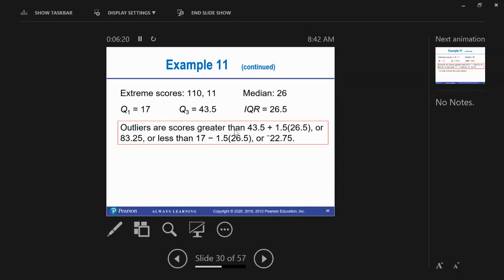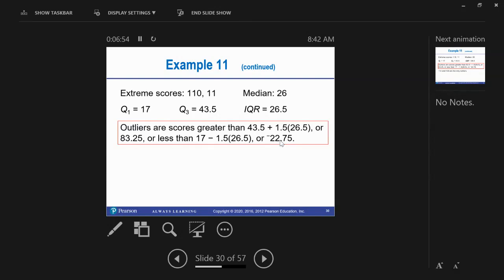So outliers are anything that is greater than 43.5 plus 1.5 times 26.5. When you put that in your calculator, you should get 83.25. Then take 17 minus 1.5 times 26.5, and that gives you negative 22.75. So anything greater than 83.25 is an outlier. Anything less than negative 22.75 is an outlier.